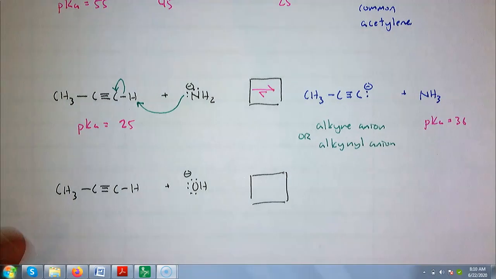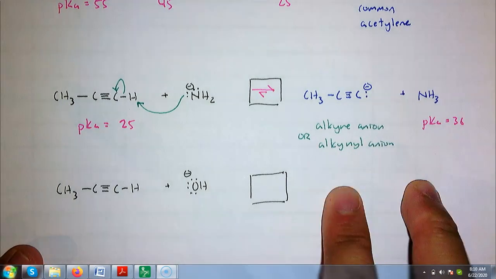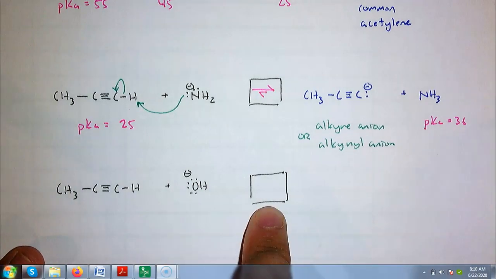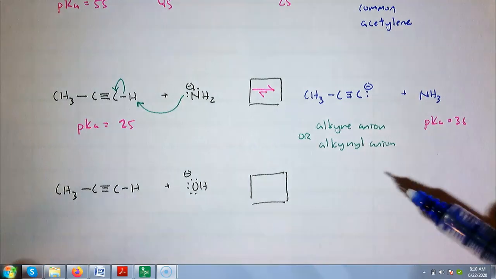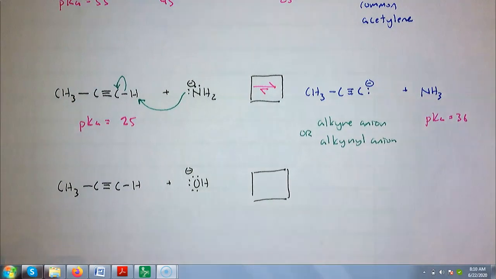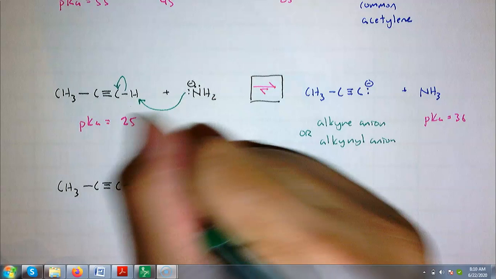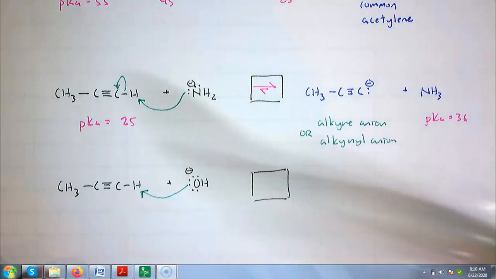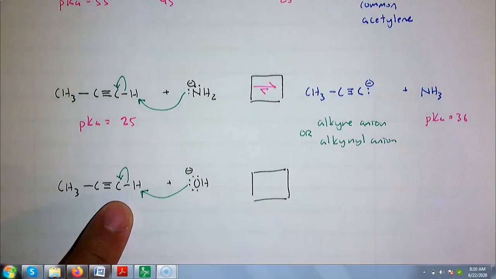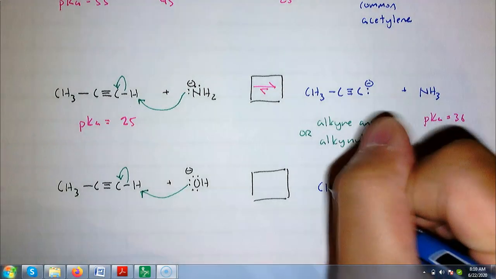Go ahead and figure out the products, the mechanism, and the equilibrium, and you can double check it after you unpause the video. So go ahead and pause the video. Okay, I'll draw the mechanism first. Again, same deal. Grab the terminal proton, push the 2 electrons onto the carbon, and we have this.